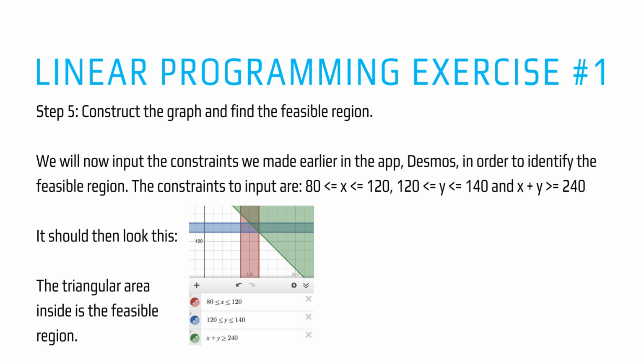We will now input the constraints we made earlier in the app Desmos in order to identify the feasible region. The constraints to input are as follows. Then, after inputting it in Desmos, it should then look like this. In the middle, the triangular area inside is the feasible region.